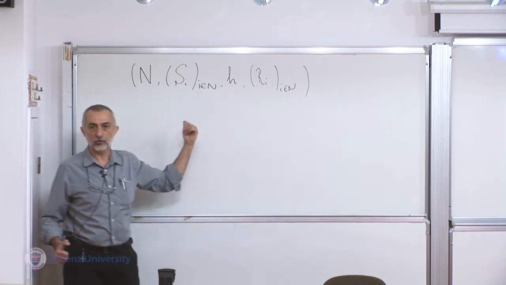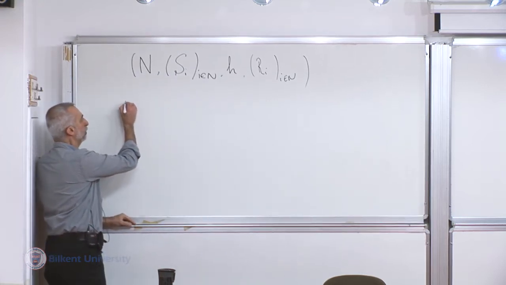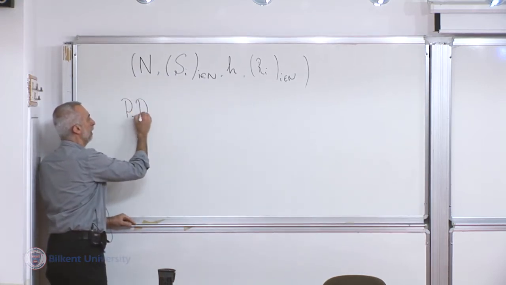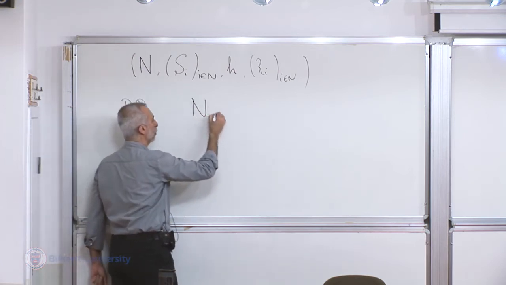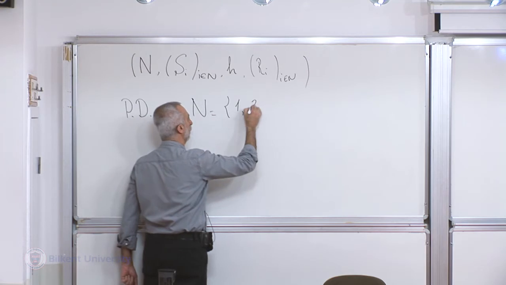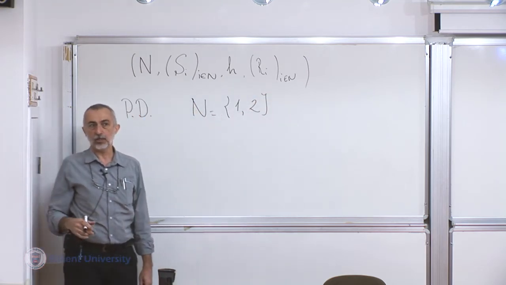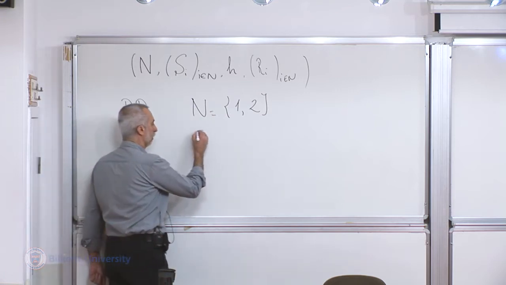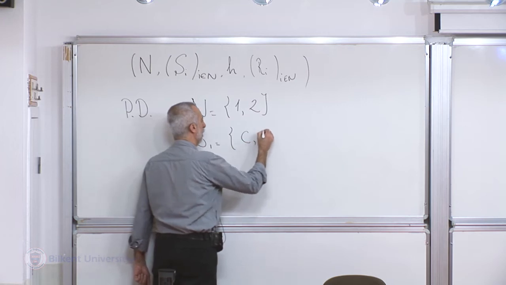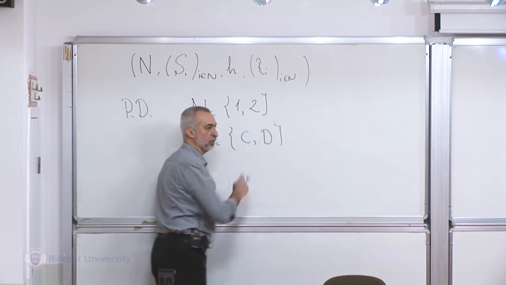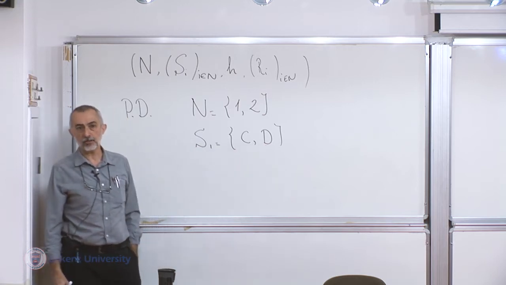So we started doing an example. We had the prisoner's dilemma game, which from now on I'm just going to denote with PD. In the prisoner's dilemma game, there were two agents, so N was equal to {1, 2}. Rather than using their names, we just labeled them with natural numbers. The strategy set of player 1 was {C, D}, C standing for confess, D standing for don't confess.